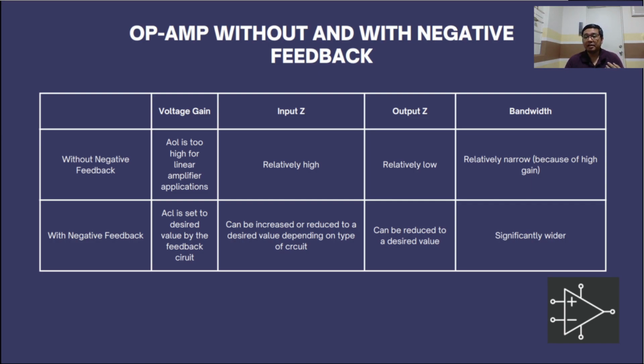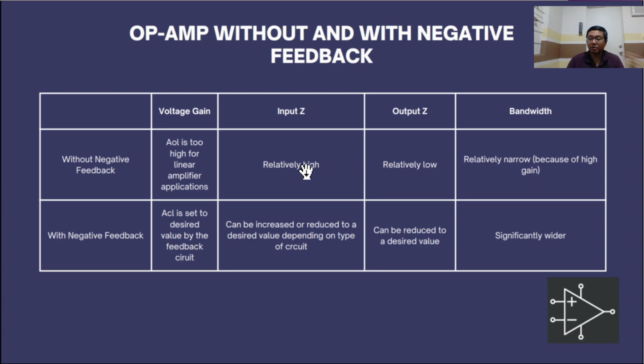But we can use it as a comparator, because in comparators, we're just determining if the input signal is higher or lower than a reference voltage. If our input is higher than the reference voltage, it will probably go into positive saturation. If lower, it will go into negative saturation, and vice versa if the reference voltage and the input voltage are reversed. Please refer to my video lecture on comparators for a detailed discussion on that.